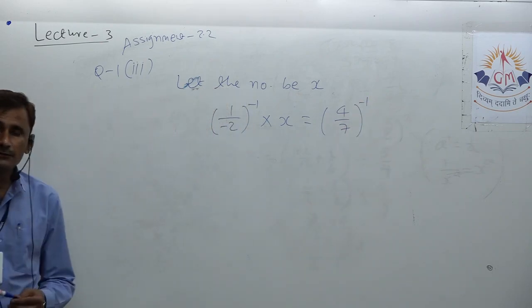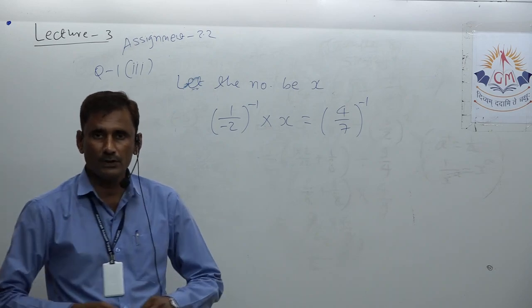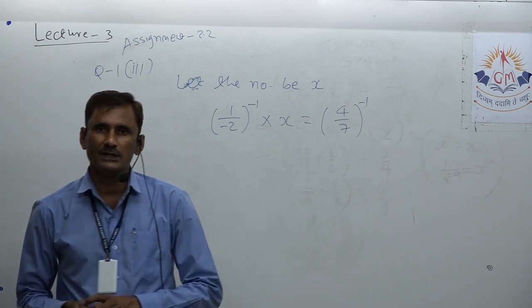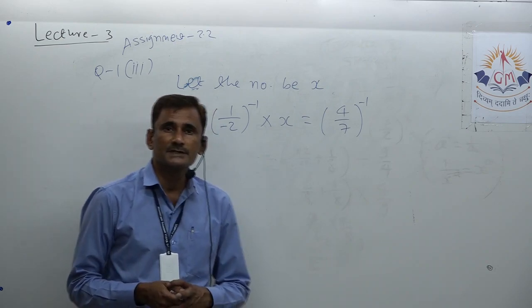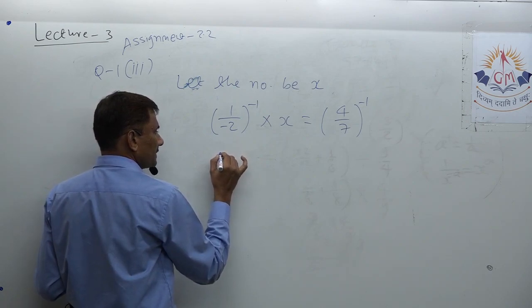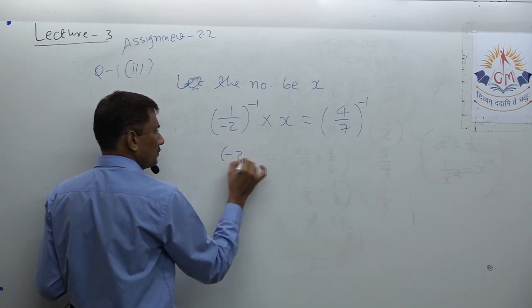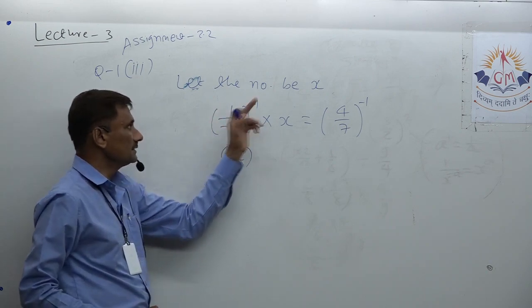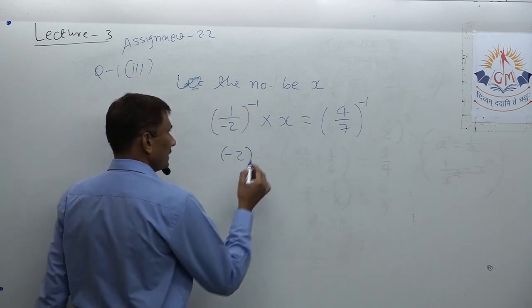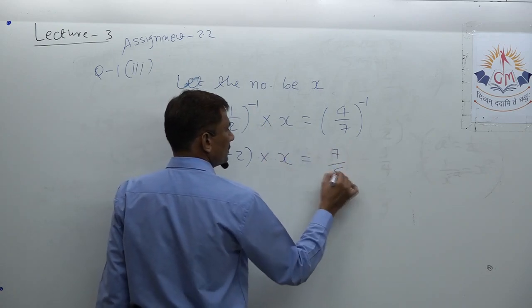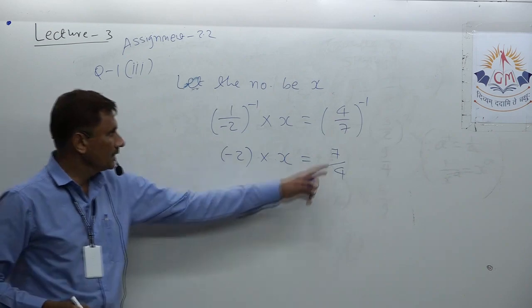Now again, whenever you see a negative exponent, mostly our first priority is to convert it into a positive one. So now I can convert it, it will be minus 2, only minus 2 and nothing else, because it is raised to 1, the inverse of this one, into x equals 7 by 4, the inverse of this one.